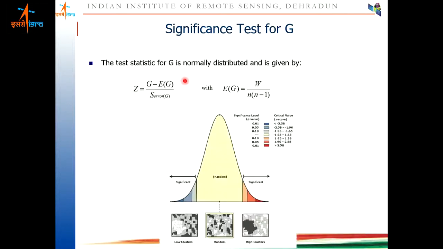And if the value is less than minus 1.96, then it will become a cold spot. And this will be at the 95% confidence interval if 1.96 is taken. If you are considering a 90% confidence interval, the threshold value for z will be different from plus 1.96 and minus 1.96.